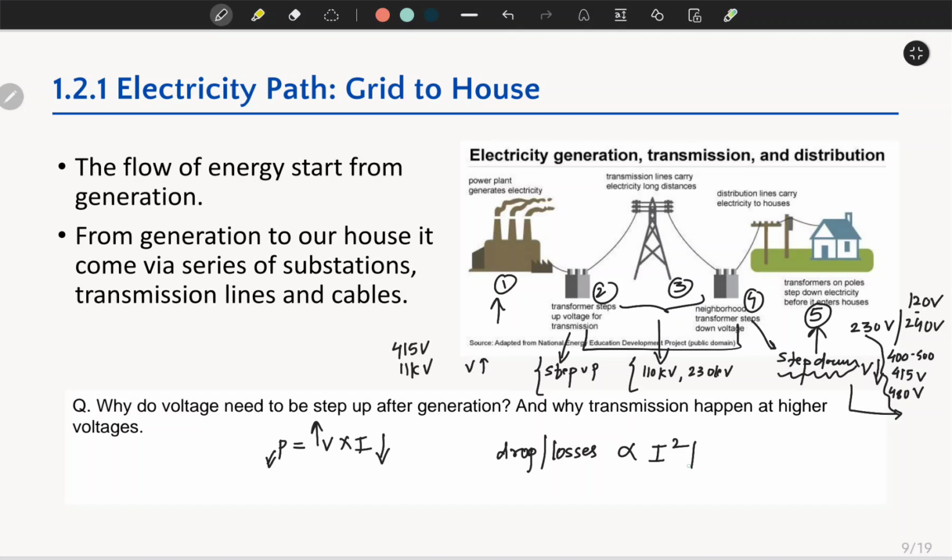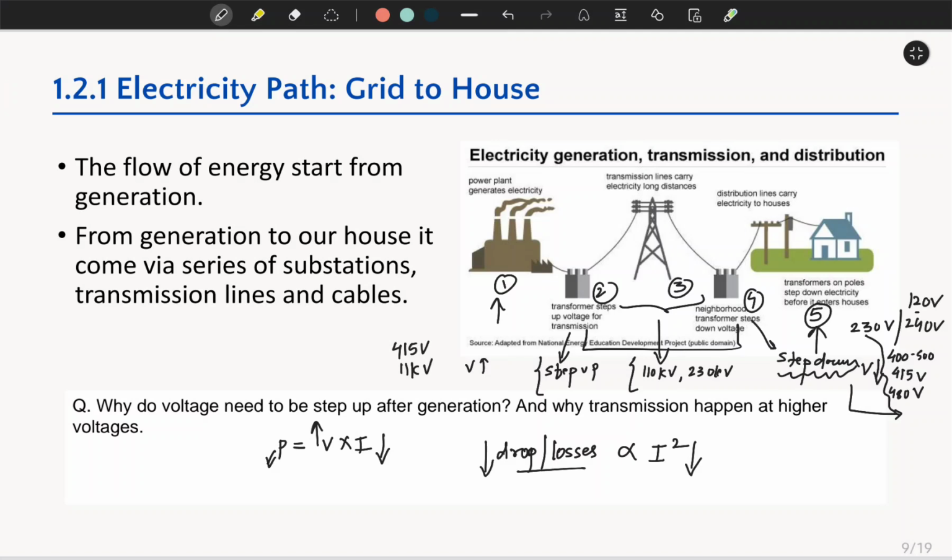So if my current is decreasing, then my drops or the losses will automatically decrease. So from the operational efficiency perspective, my voltage levels are stepped up during the transmission so that my current in the transmission decreases, and the losses and drops also reduce.